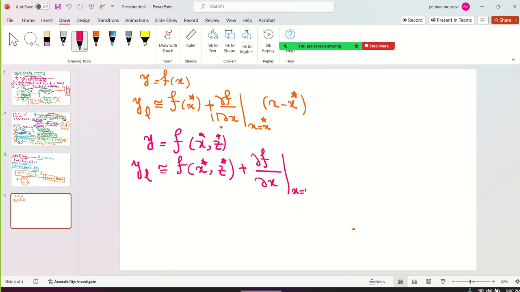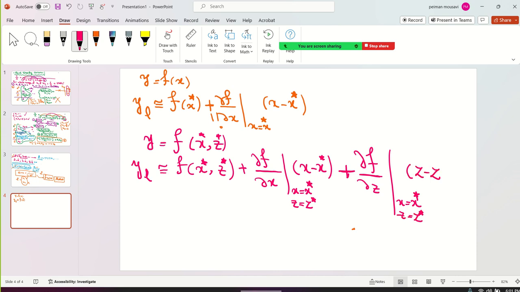At x is equal to x star and z is equal to z star, times x minus x star, plus round f over round z, again at the two equilibrium points, x is x star, z is z star, times z minus z star.